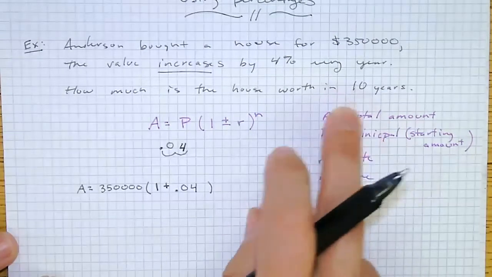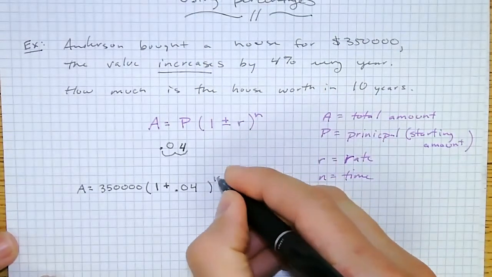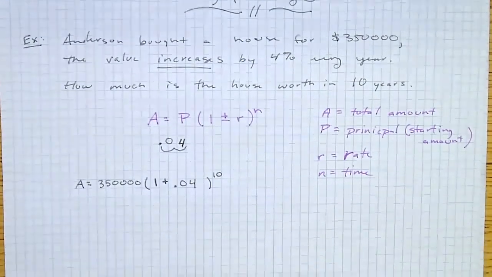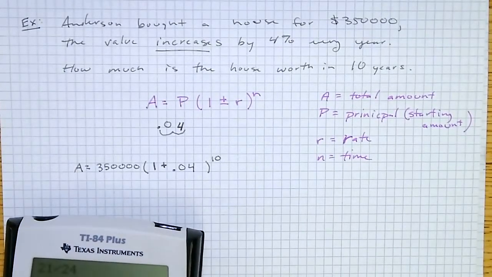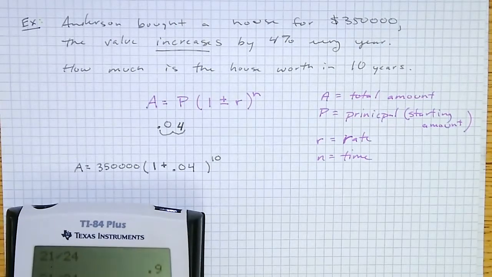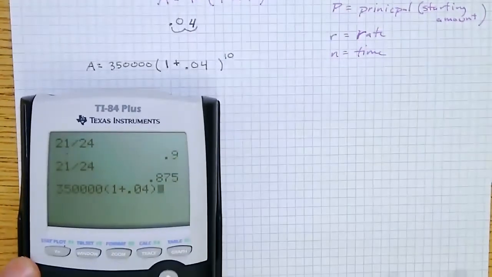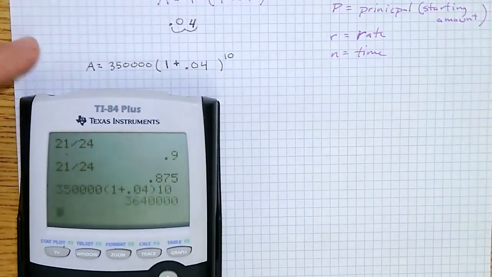Since we're solving in terms of 10 years, we write 10 in our exponent. So 1 plus 0.04, you could have just written 1.04, raised to the 10th power.